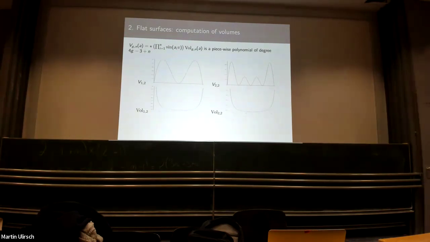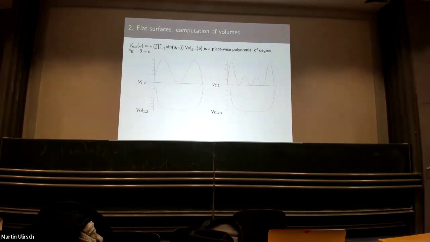Up to a certain coefficient, this is the product of sines of a_i pi times Vgn. So what is logical is the fact that here I have some zeros of this piecewise polynomial. But what is interesting is that in this case I have n equal to 2, so this coefficient is basically of the form sine of a1 pi, squared.